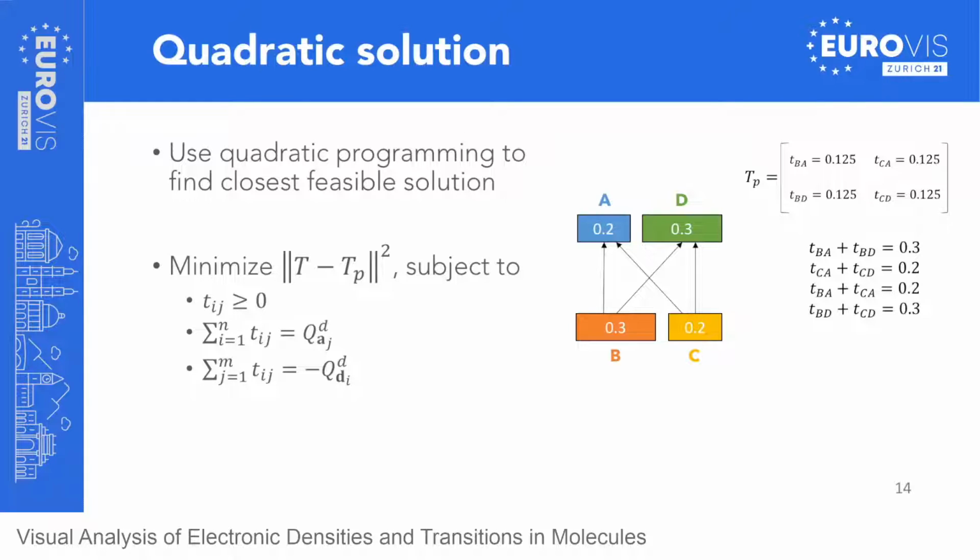But this matrix doesn't satisfy the constraints. The constraints are specified in the four equations below. So we find the closest feasible solution to our matrix Tp. Using this approach, we find the solution to be the matrix T specified at the bottom right.